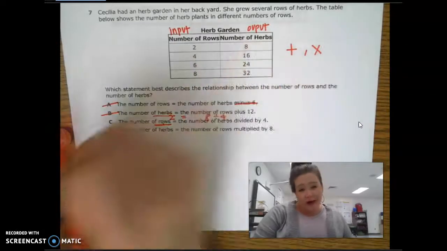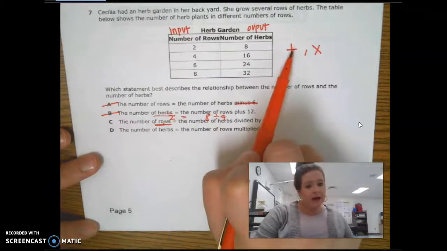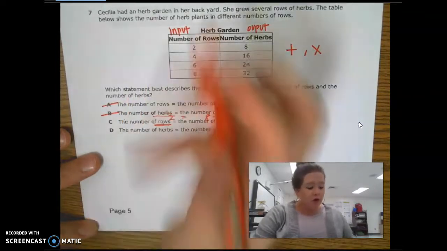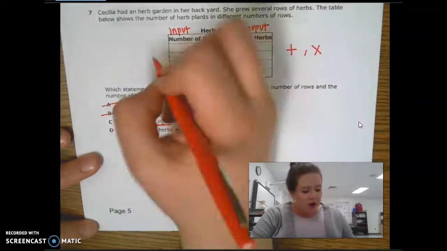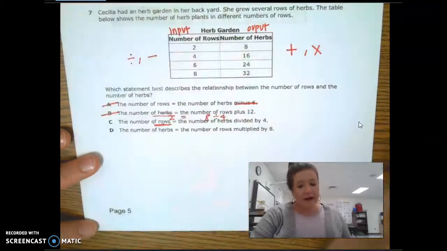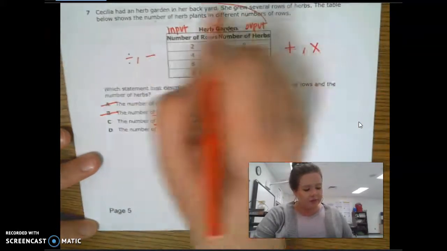They're going backwards, okay? So to go from the number of rows to the number of herbs, you're either going to add or multiply. To go from the number of herbs to the number of rows, you're going to do the opposite of that, which is subtract or divide. So to go this way, you're doing that operation.